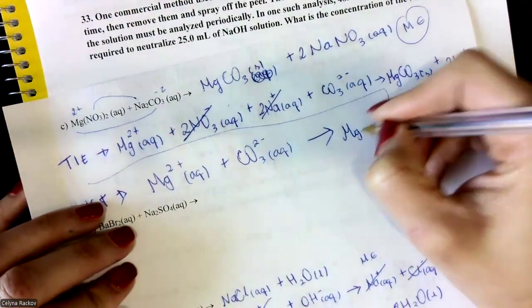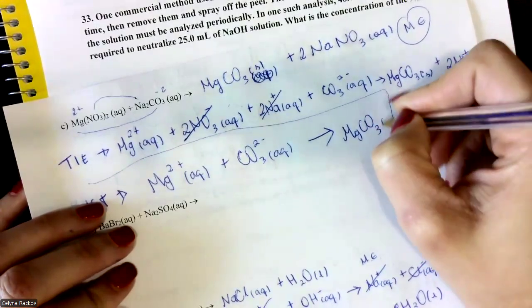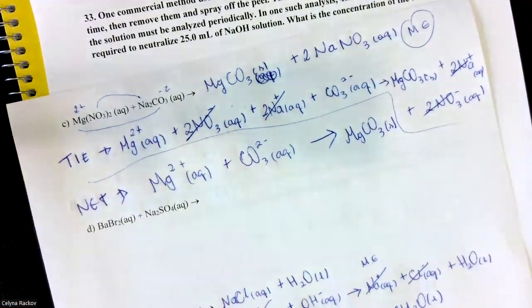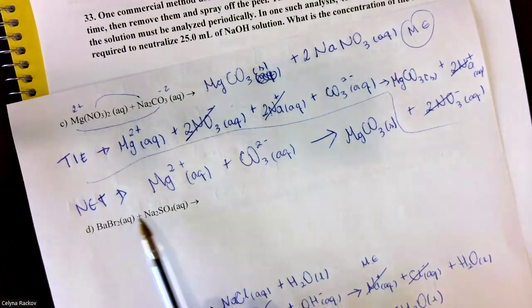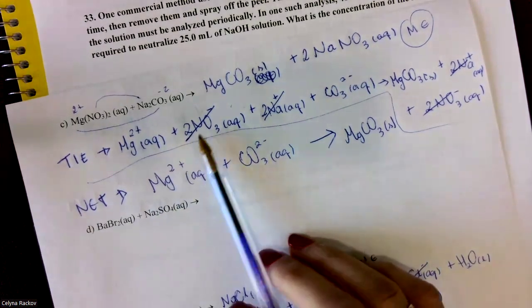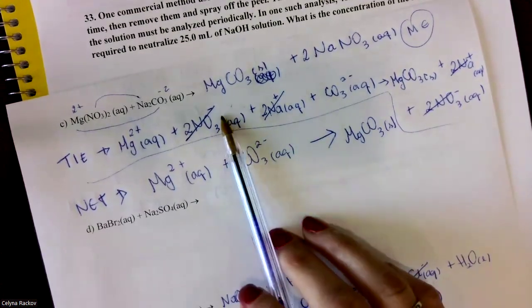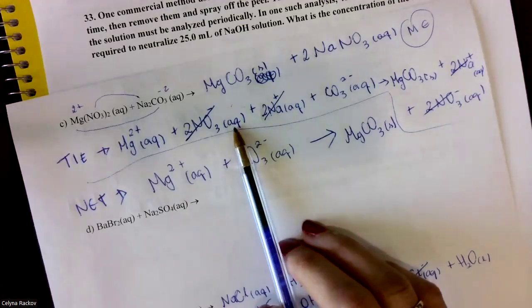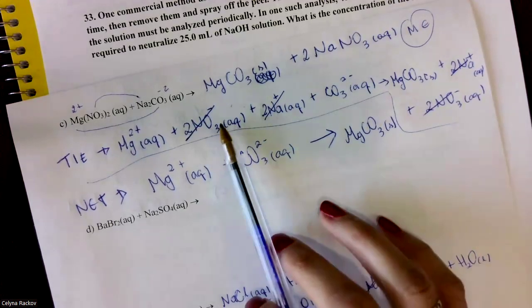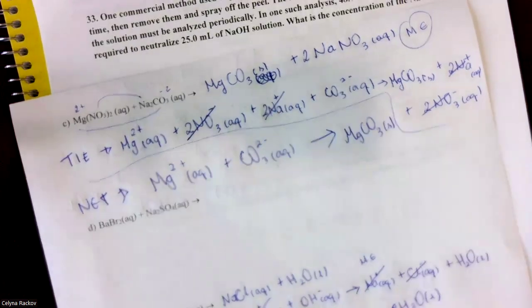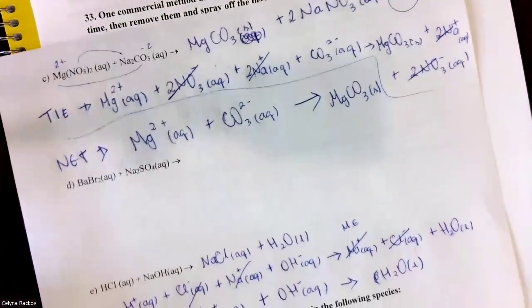In magnesium carbonate, that's the one that is solid. The net ionic equation does not show the spectator ions. Spectator ions are the ions that were canceled out because they're only watching, right?